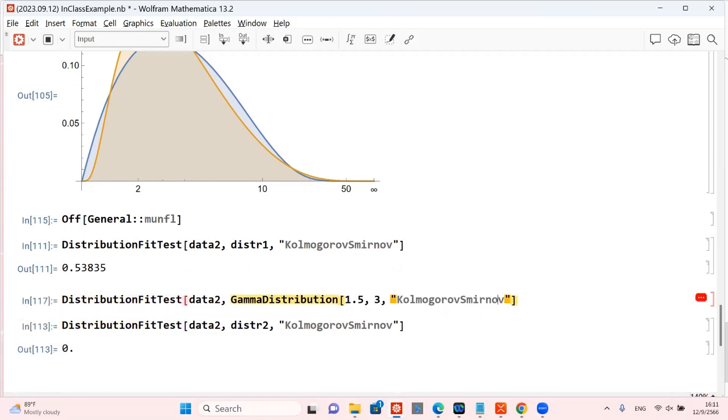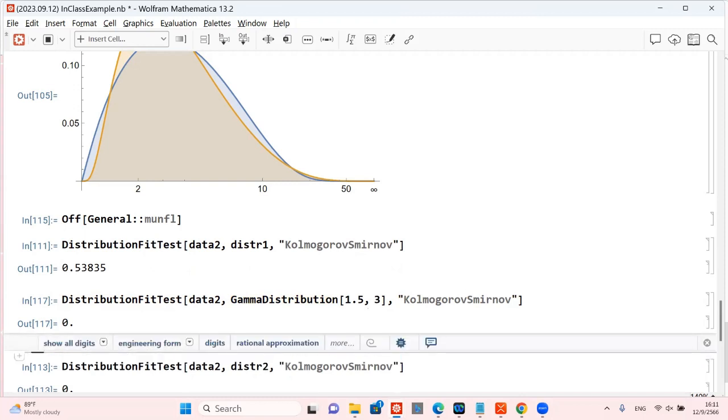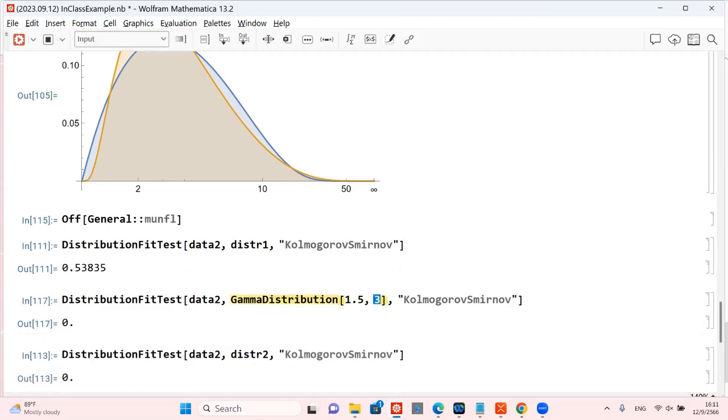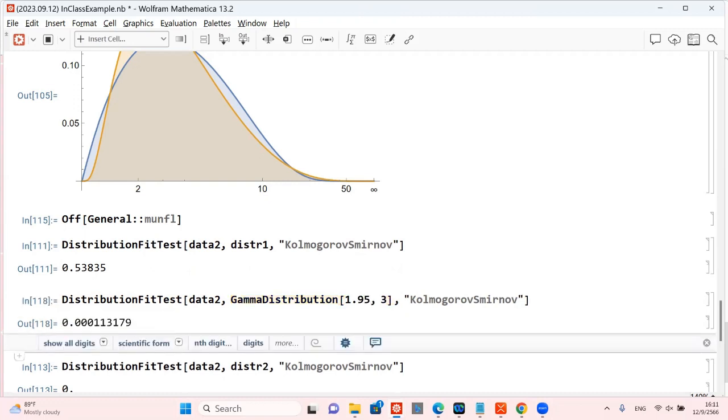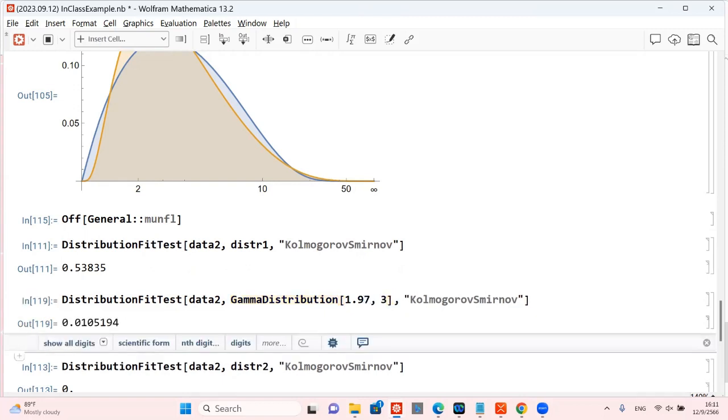Yeah, so that's closer, but that's still too far. So this really matters a lot. How about 1.95? See that? Starting to get something positive, but still no good. So how about 0.197? Okay, so he gets positive, but you see how sensitive the test is?